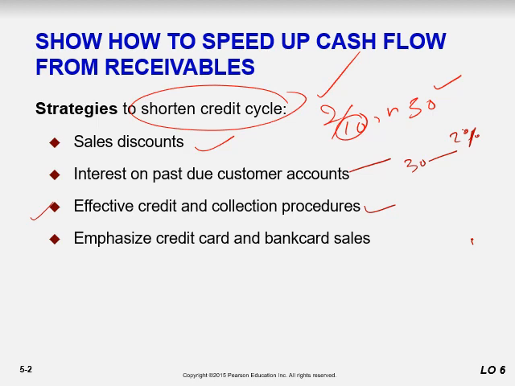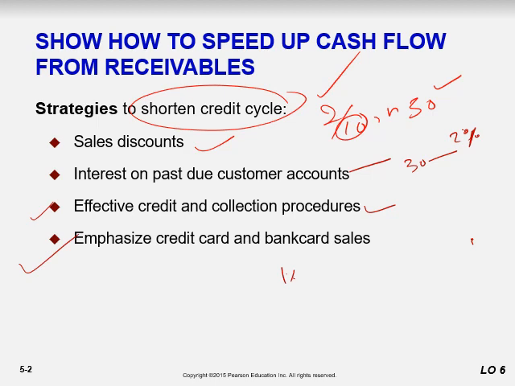And in recent years, as electronic banking has become more popular, a common strategy being used nowadays is the emphasis on credit card and bank card sales, in which you don't have to worry. Even if the customer uses a credit card, you give the goods on the spot, and the customer gets a 1% or 2% discount by using the credit card.